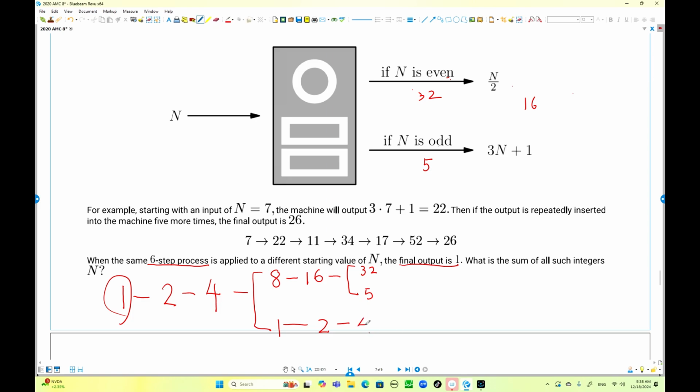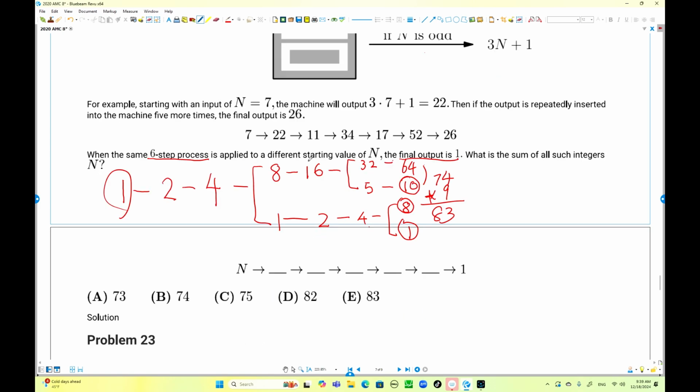Already 4 there, right? 2 numbers must be 8 or 1. That is just 6 steps, right? 1, 2, 3, 4, 5, 6. The total is 74 and plus 9 is what? 83, okay?